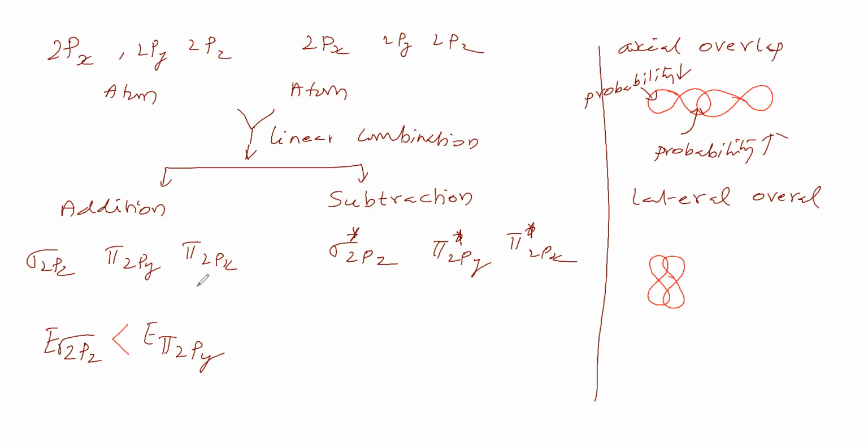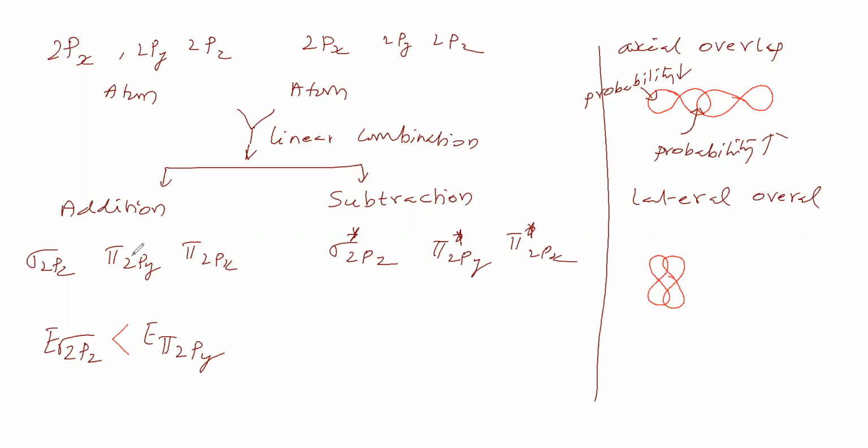Here 2px atomic orbitals undergo linear combination, here 2py atomic orbitals undergo linear combination. 2px energy and 2py energy remain the same. 2px shape and 2py shape remain the same. Only the orientation is different: one is x direction orientation, the other is y direction orientation.